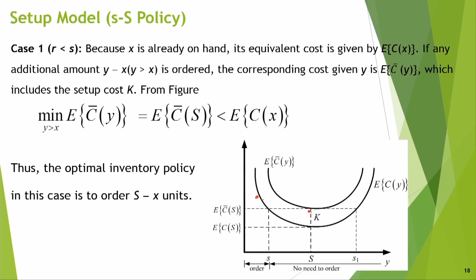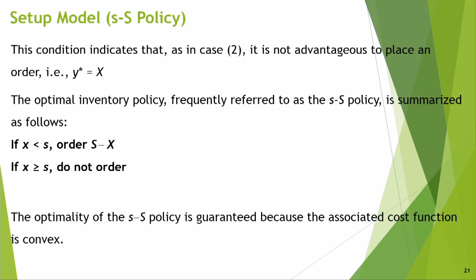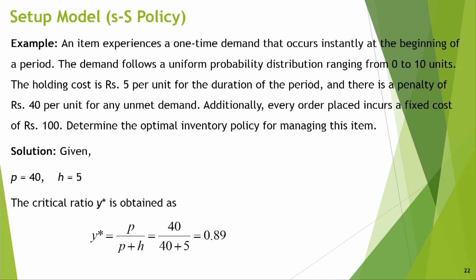So, if you order, you will get some minimum cost, but in the other case, if your quantity is here, then if you order more, you will not get the loss. So, skipping those details, I am just giving the summary: if x is smaller than s, then order S minus x quantity, and if x is greater than s, do not order. I will make it clear with an example.